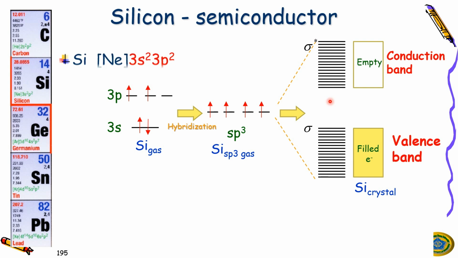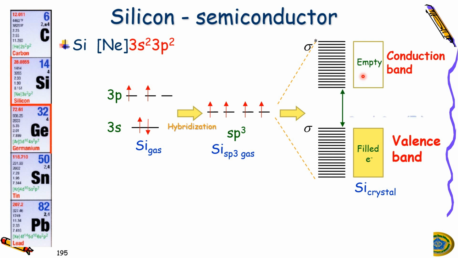So this energy gap will be 1.1 electron volts. What happens with 1.1 electron volts? That means you can use visible light to pump an electron from the valence band to the conduction band.